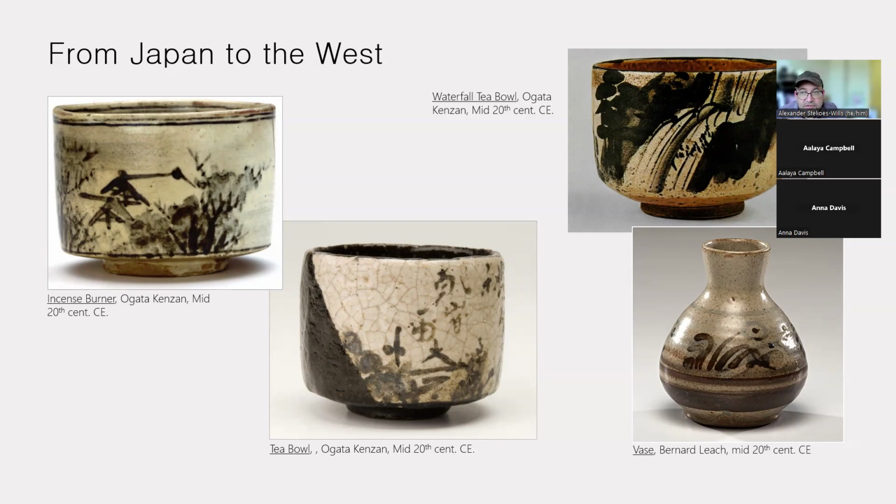But by the time we get to the 20th century, ceramics had become a very industrial thing, made in factories rather than made by ceramicists, made by potters. The old-fashioned potter studio was kind of a thing of the past. But I'm talking about the story of a number of people, specifically Bernard Leach and Agata Kenzin, who re-imported the tradition of a potter and a ceramic studio, where one artist or a few artists together work on making handmade pottery.